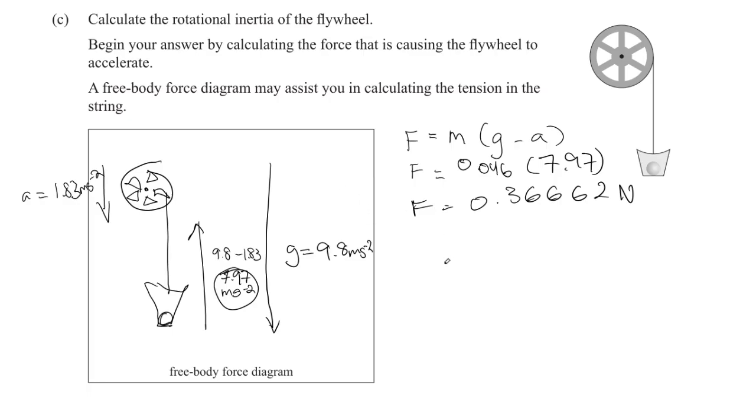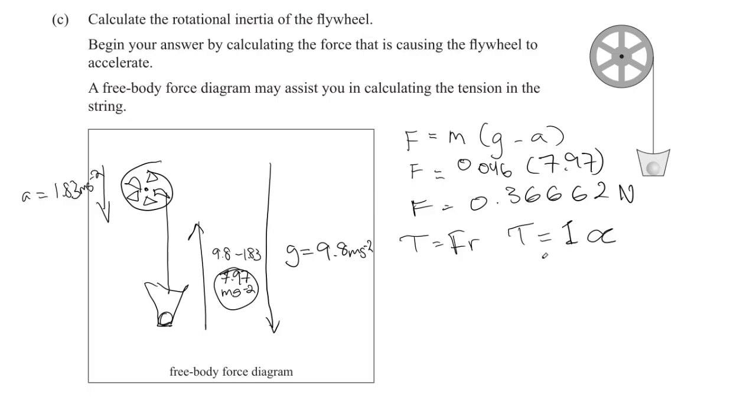Now, if you look at your formula sheet, there are 2 different equations for torque, which is denoted by this symbol called tau. There's force multiplied by radius, and there's also torque equals rotational inertia, which is what we want to find out, multiplied by angular acceleration.